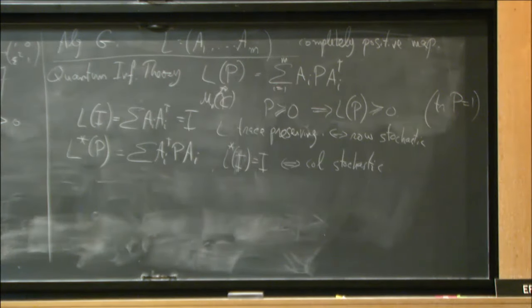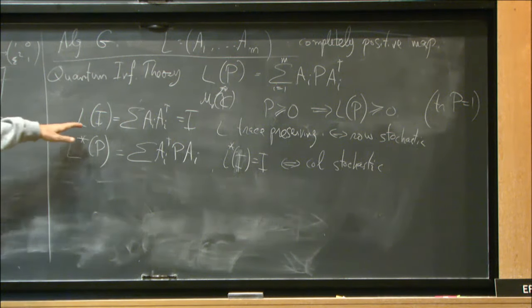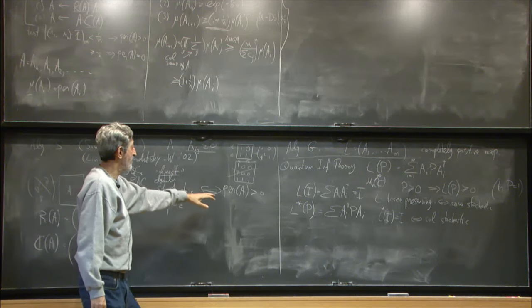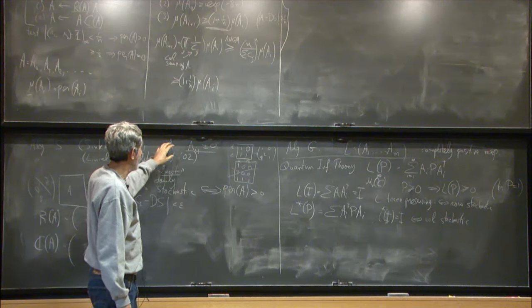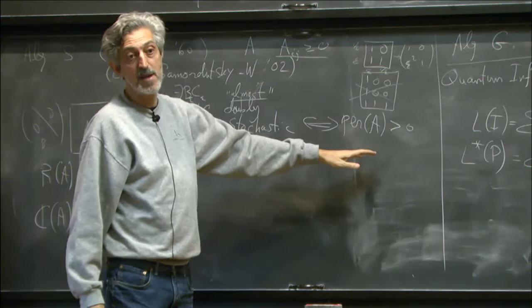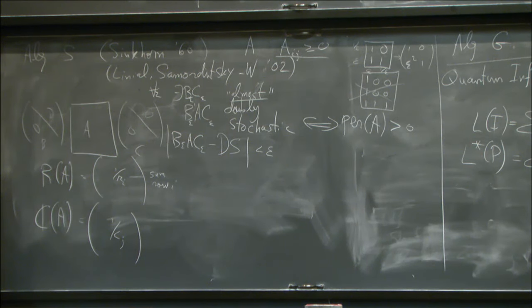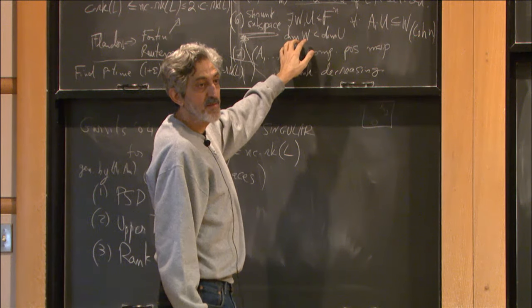And now what is doubly stochastic? Both L and L star, when applied to the identity matrix, give you the identity matrix. And what Gurvits shows is that in this case, the rank cannot decrease. It is the same way that a matrix A whose permanent is positive will never have a shrunk subspace.